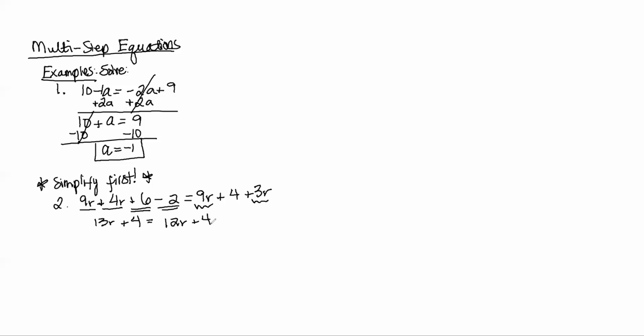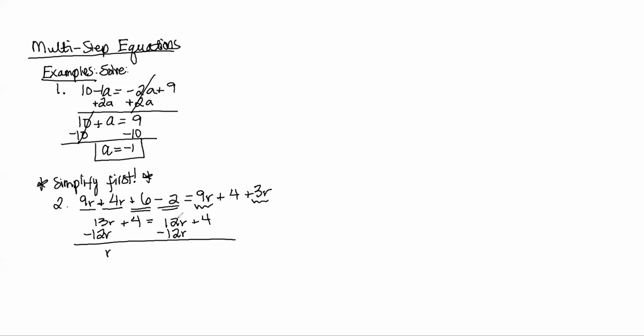And now it's just like the one we did up here, so we can start moving the variables to one side and numbers to the other. Again, I'm going to move the variables to the left first. So we have a positive 12r, so we'll subtract 12r. 13 minus 12 is 1r.